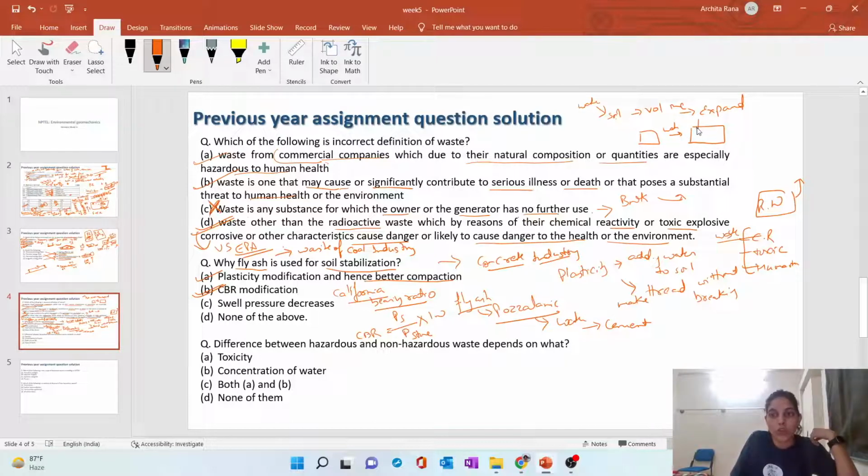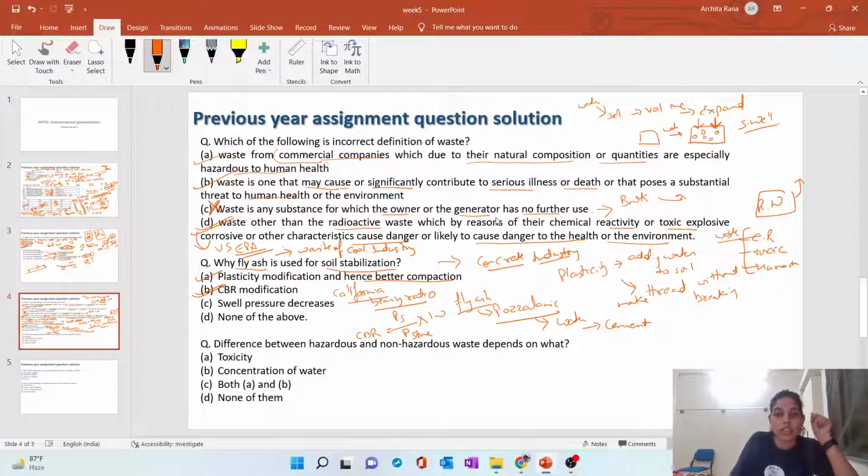Now you are putting pressure on an expanded soil, and if there is no space, the water in the pore will apply pressure back, and that is the swell pressure.